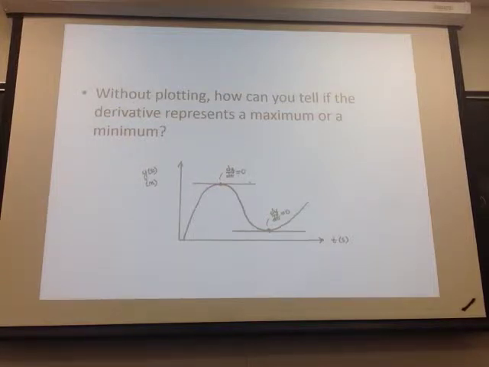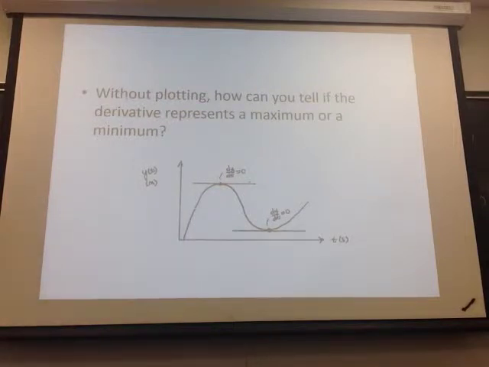Negative. That's negative, because the rise over the run, you're getting lower on your curve as you move along the x-axis. What's the slope over here? It's positive. So the way you tell the difference between a maximum and a minimum is take the second derivative. Take the derivative of the derivative.